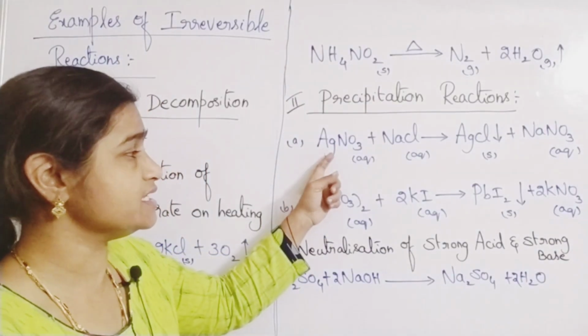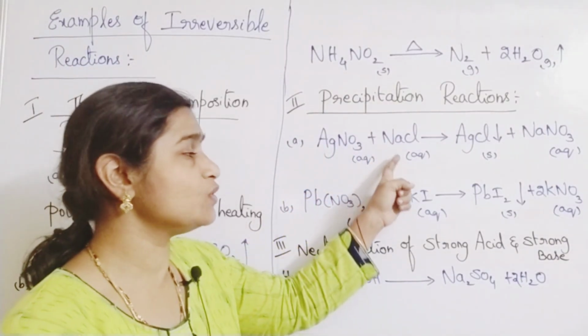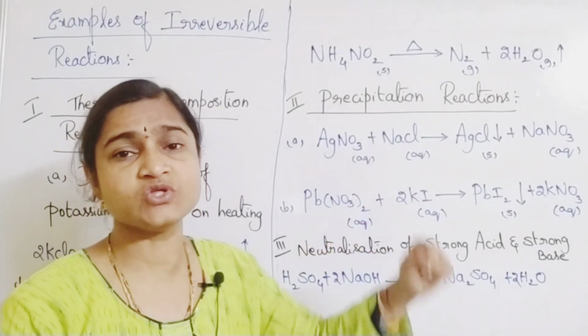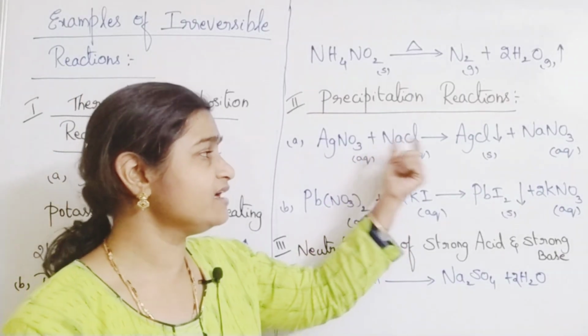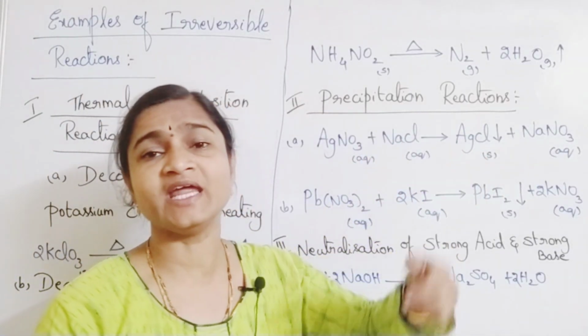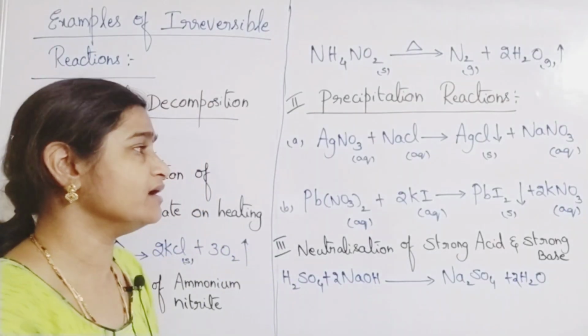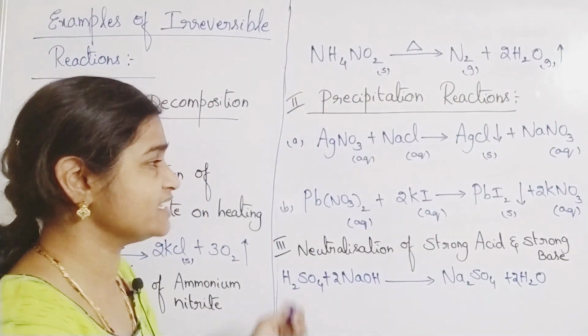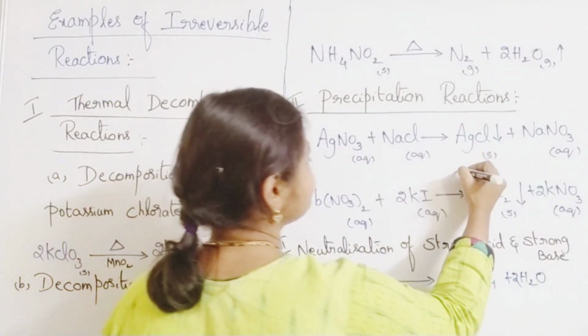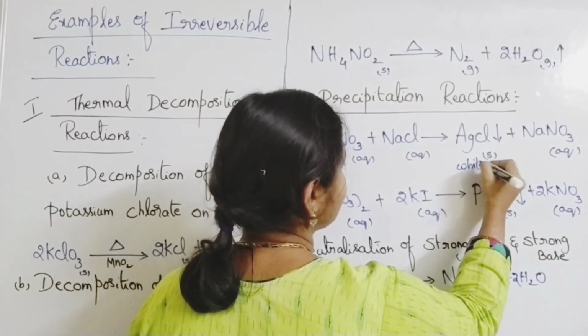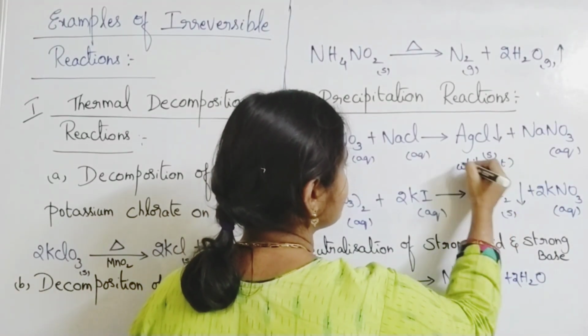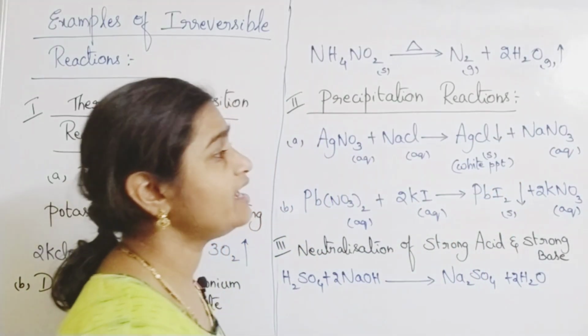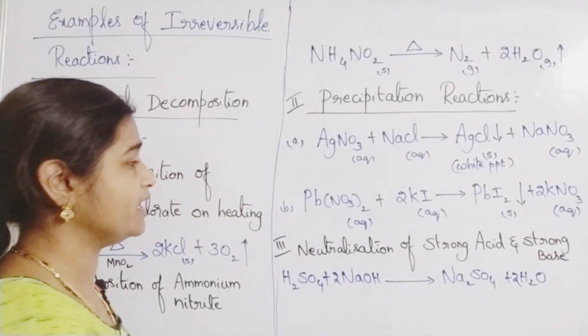So AgNO3, silver nitrate, when it reacts with sodium chloride, both aqueous solutions you are mixing, then you are going to get a white precipitate of AgCl. Precipitate you are going to represent with a downward arrow, and NaNO3 also will be obtained.